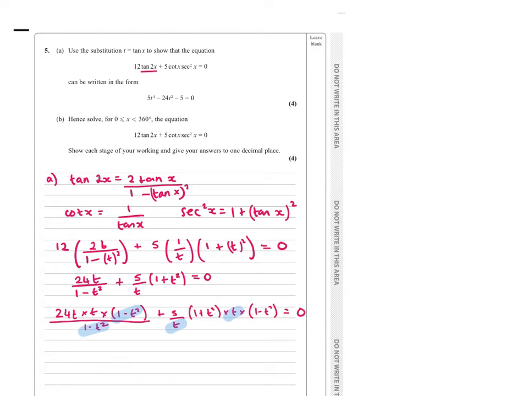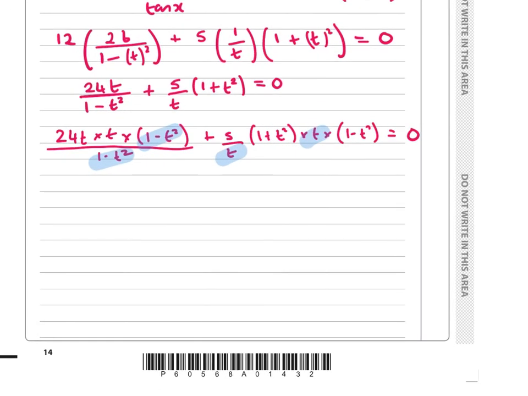So I'm now going to have 24t plus 5 lots of 1 plus t squared, 1 minus t squared equals 0. So I'm now going to expand and simplify. So 24t plus 5 lots of t to the power of 4, plus 1.